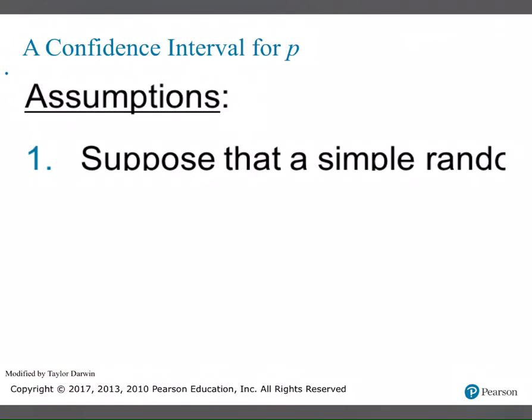Alright, this slide did not format correctly. If I were you, I would go back or at least try to follow along in the blank PowerPoints, and you can see what it's supposed to look like, but I'll just write what it's supposed to look like. These are the steps of finding a confidence interval for p. So you're going to assume that a good simple random sample of size n is taken from the population.